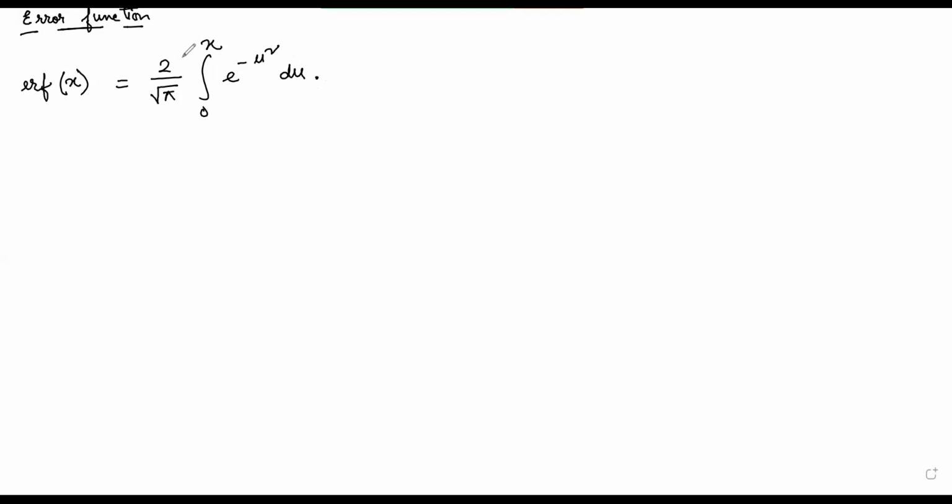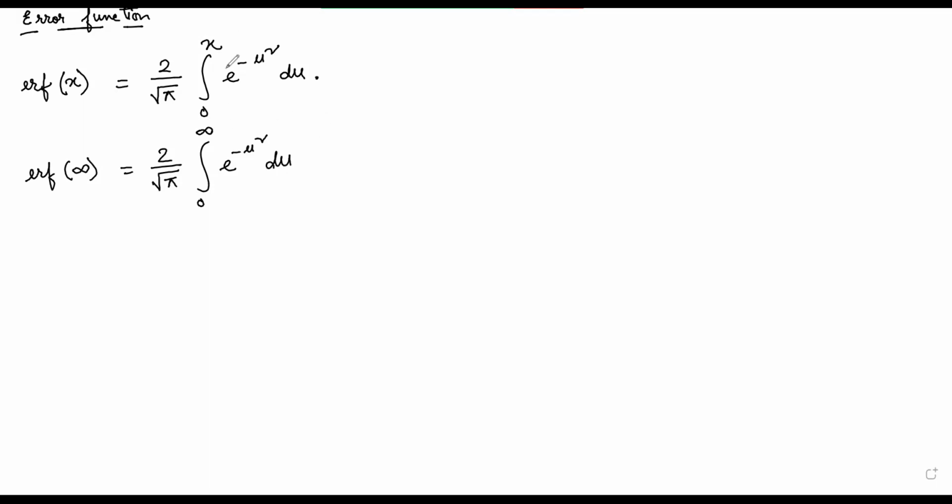The factor 2 by root pi causes the function to be scaled so that error of infinity is 2 by root pi, integration from 0 to infinity, e to the power minus u square du.